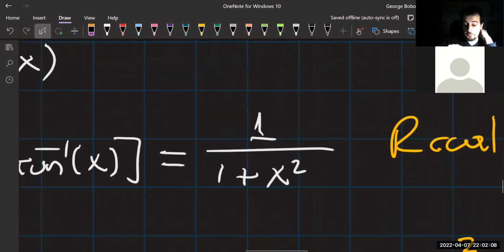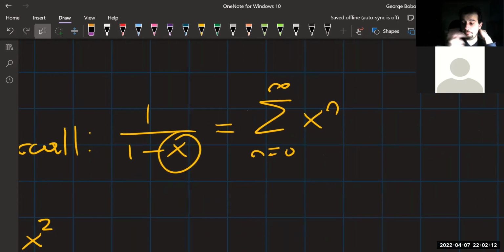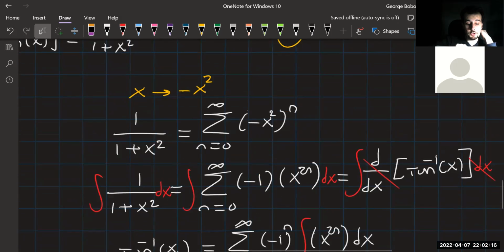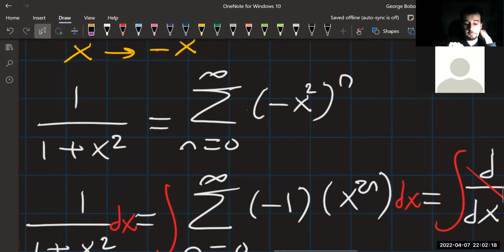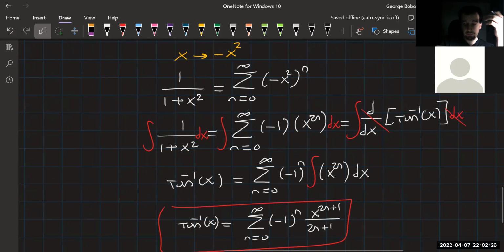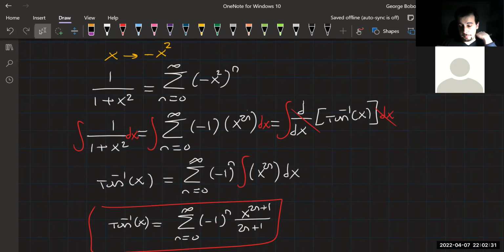Notice that the derivative you can relate to this power series very easily. So you found basically a power series for the derivative. That's what you did here. You found a power series to the derivative. And if you want to undo the derivative, you need to integrate. So you integrated that power series to get the original function. And that's what happened here.